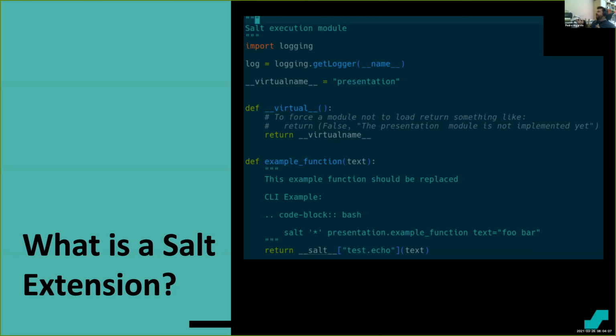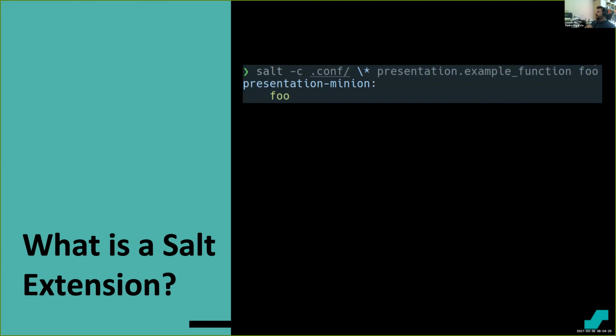An example of such execution modules, if you've worked with Salt, this is a regular Salt module. Just because it's outside of Salt, nothing actually changes. So this is the raw layout of an execution module. And when you try to run it, it's the same as any other Python execution module.